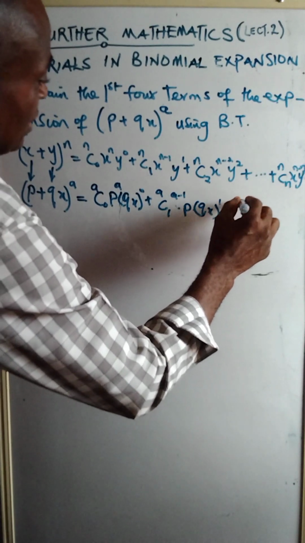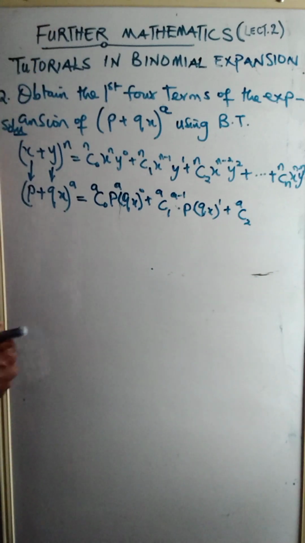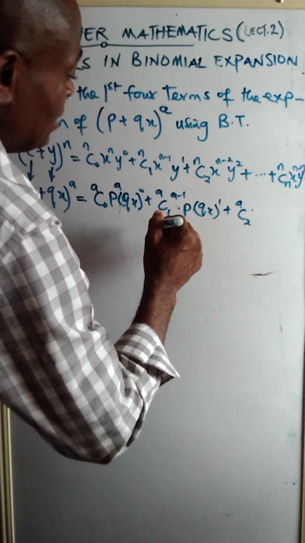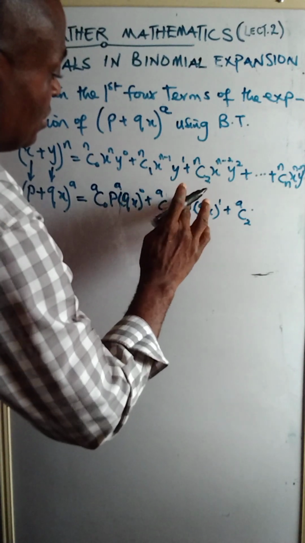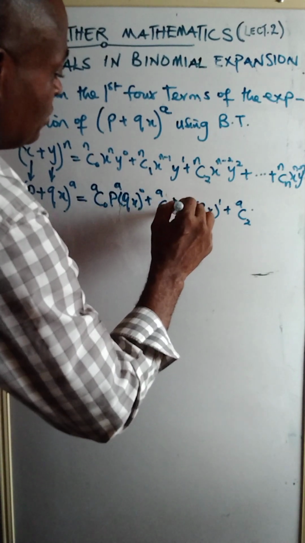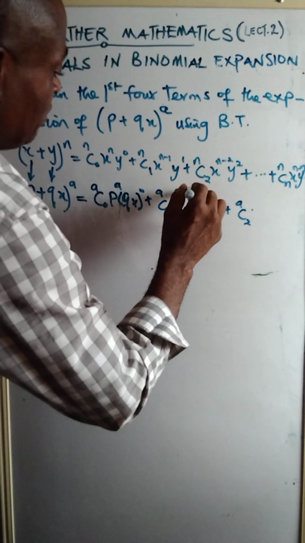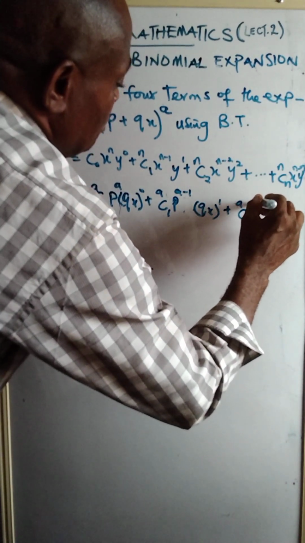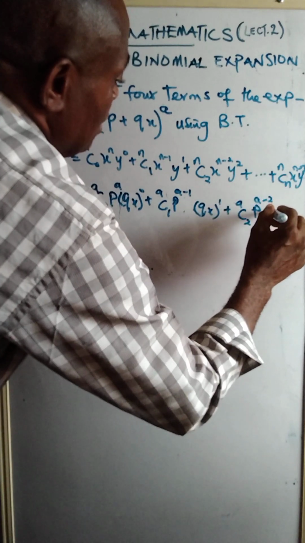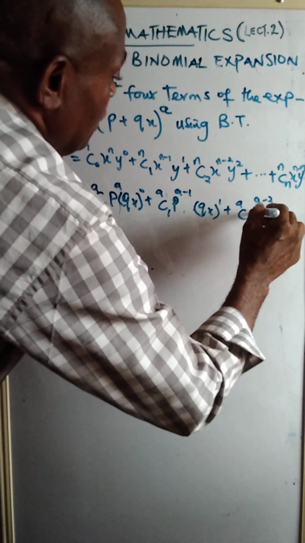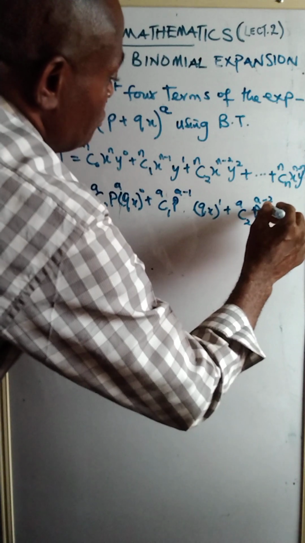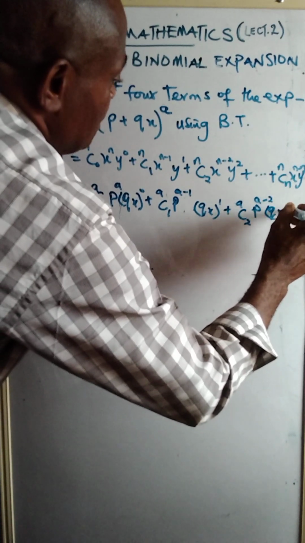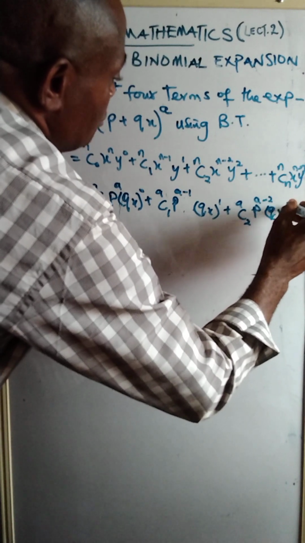The next term is going to be a combination 2, then p raised to power a minus 2, then we have qx, everything raised to power 2.